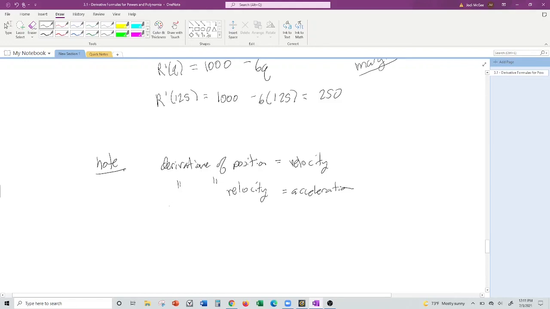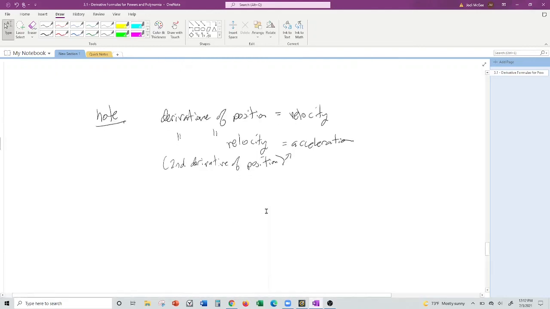So this tells us that the second derivative of position is our acceleration. And we make note of this because we need this fact in example 5.